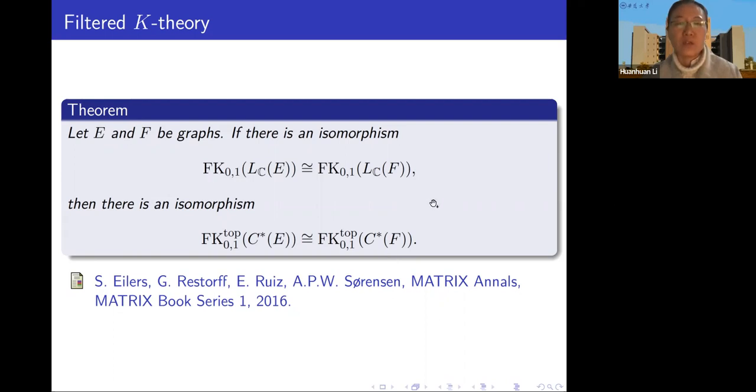So actually, we used this result to prove the result for the part with relation with Morita equivalence.